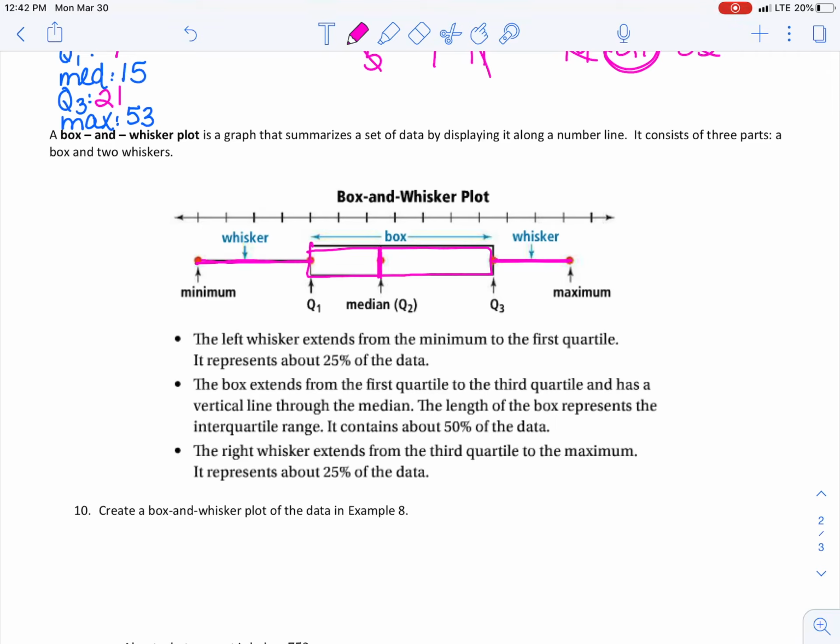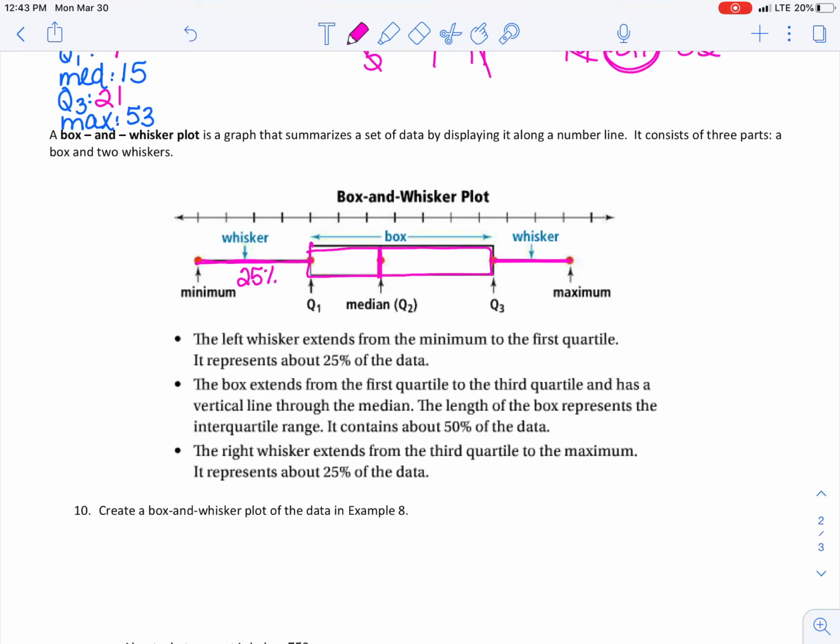If you look at this, it says the left whisker extends from the minimum to the first quartile. That represents approximately 25% of our data. Although it doesn't necessarily look like it, that's 25% of our data. The box extends from the first quartile to the third quartile and has a vertical line through the median.